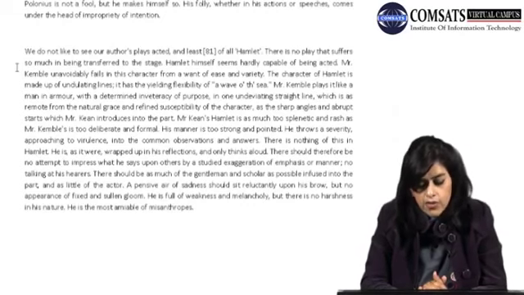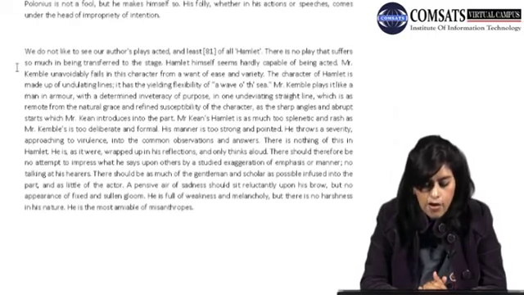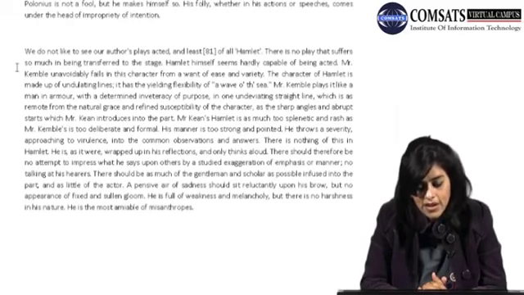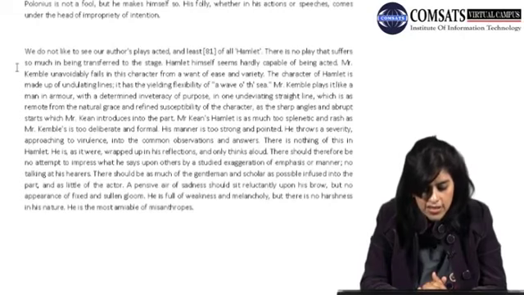There should be as much of the gentleman and scholar as possible infused into the part, and as little of the actor. A pensive air of sadness should sit reluctantly upon his brow, but no appearance of fixed and sullen gloom. He is full of weakness and melancholy, but there is no harshness in his nature. He is the most amiable of misanthropes.